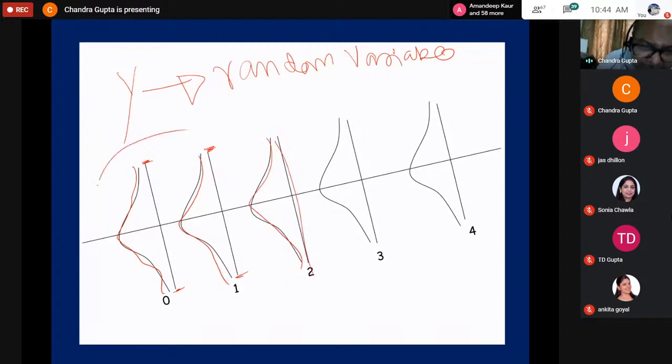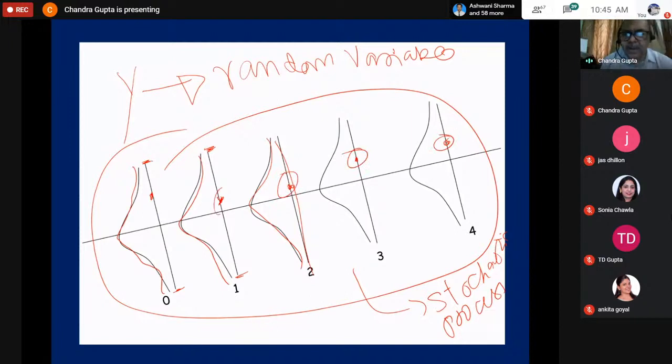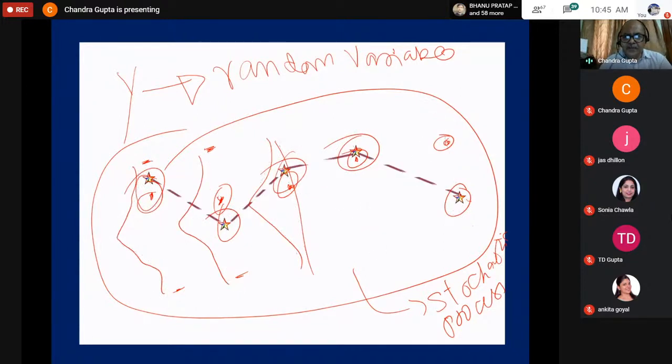So the set of all this is my stochastic process. But if you observe a point over a period of time and take a set of these points, that will give you a time series. That's what we understand by the time series. So if we are getting different values, and if you take a set of it, we get what is called a time series.